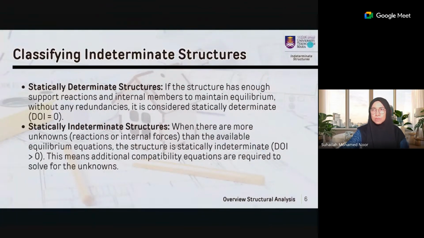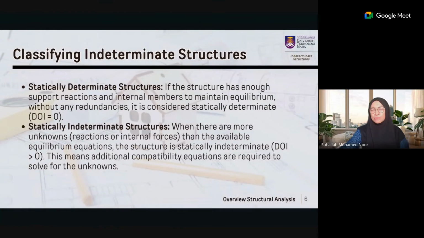Okay, basic understanding about how to determine determinate and indeterminate structure is very important. Just use the basic calculation of DOI for beam and frame, because we only consider bending effect: the difference between unknown reaction and 3 equilibrium equation.